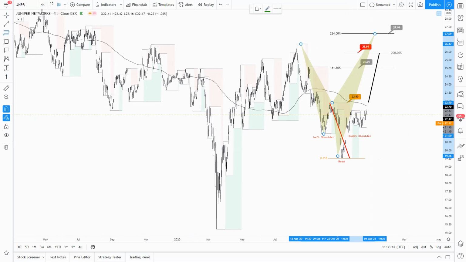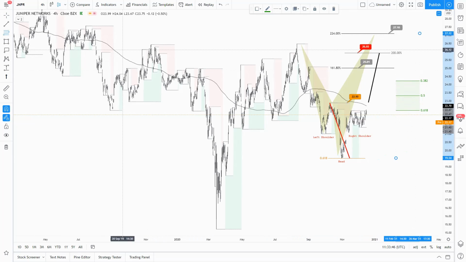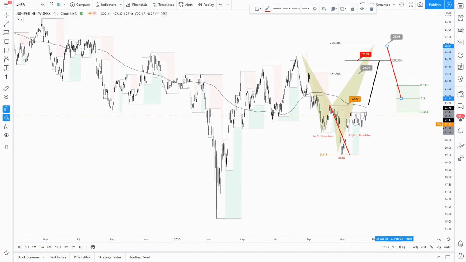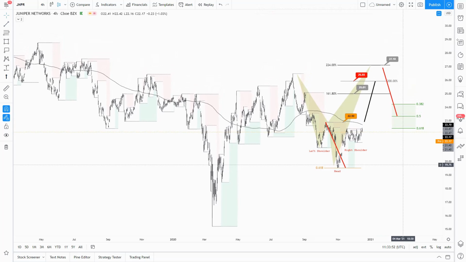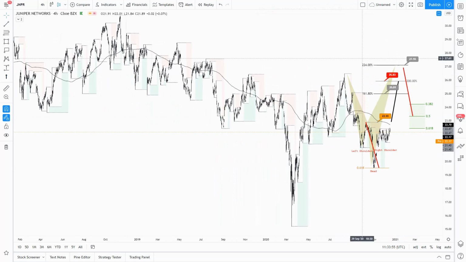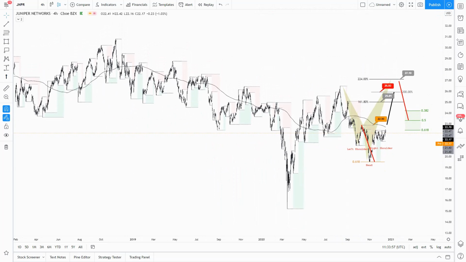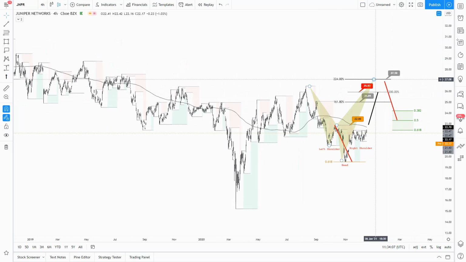So if that pattern ends up being formed above, we may expect then the retracement again for Juniper. Not what I'm expecting. I truly believe if the market decides to break above these highs, it may offer more upside momentum, but well, the Fibonacci level is there, so the patterns are there.